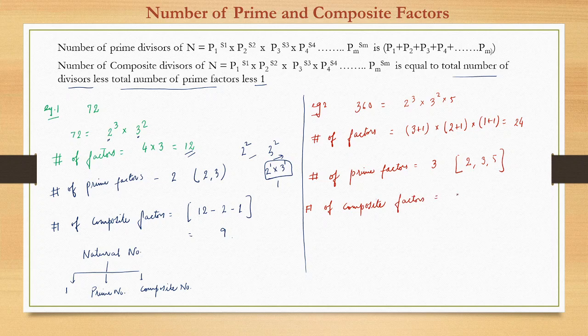Those would be the total number of factors 24 minus the number of prime factors 3 minus 1, because 1 is a factor of all numbers and 1 is neither prime nor composite. So here we get 20, right? So this is the process to calculate the composite factors.